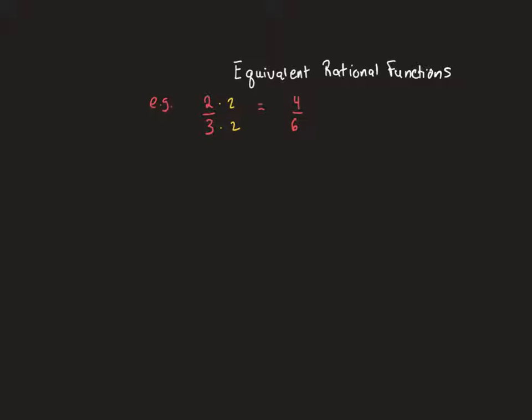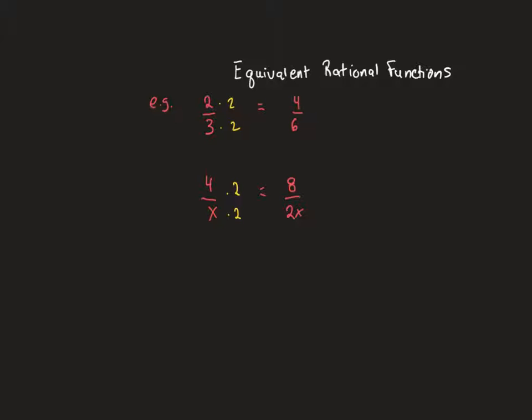So let's say I give you another one. Say 4 over x. Well, I can also multiply this by 2, which would give me 8 over 2x. All right?